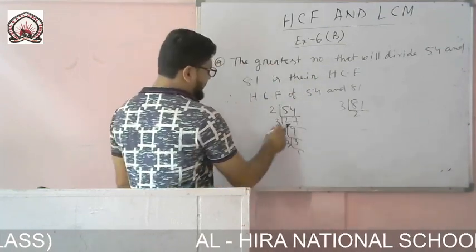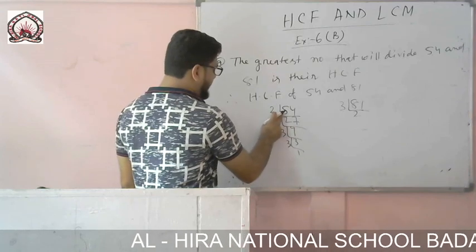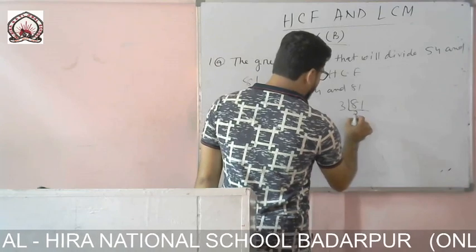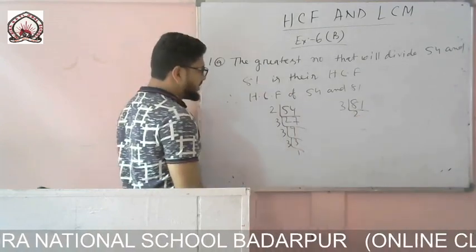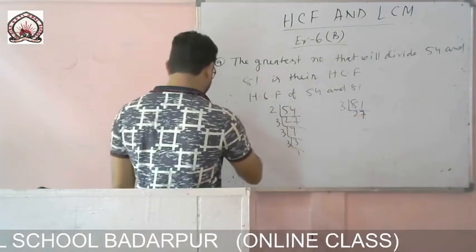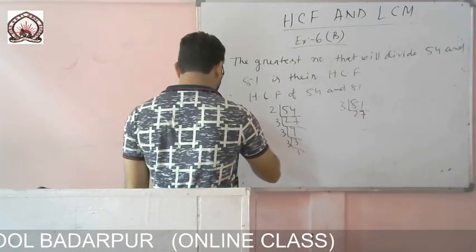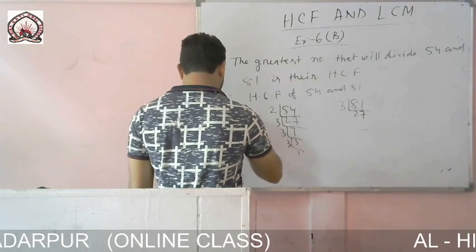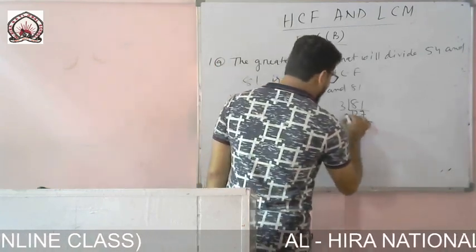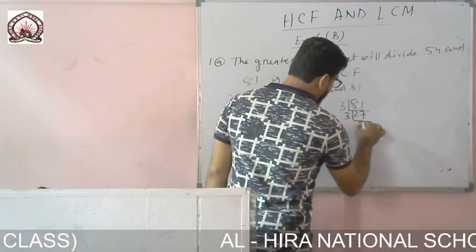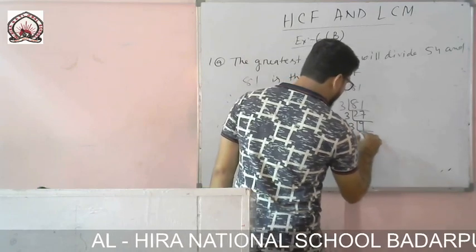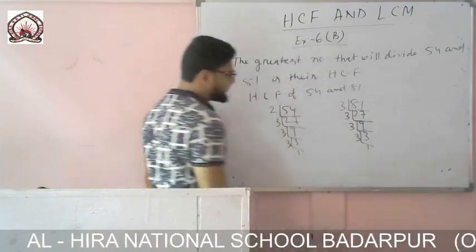Wait. 54: 2 2s are 4 and remain 7. Then 3 2s are 6. Yes, 3 2s are 6. 3 7s are 21. Yes. Now 3 9s are. Now 3 3s are, 3 1s are. Okay.